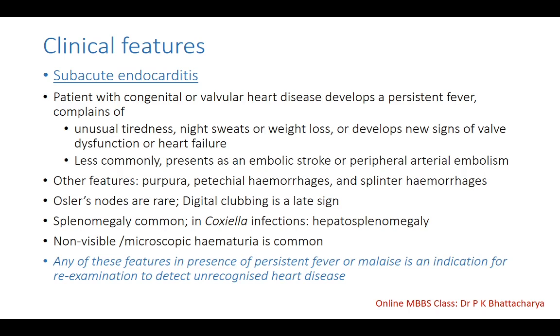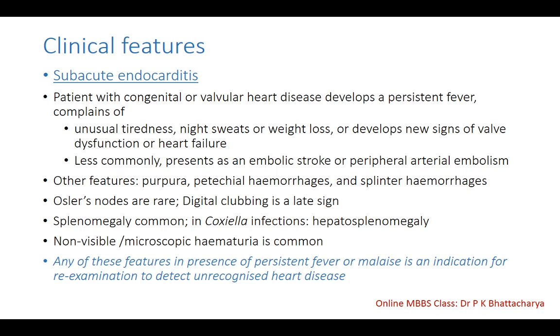Then digital clubbing, or clubbing of the fingers, is a late sign, but it is not an uncommon feature. It is quite common. Splenomegaly is a common feature in all subacute endocarditis. In Coxiella infections, there is also hepatomegaly. So hepatosplenomegaly in a patient with subacute bacterial endocarditis, you suspect Coxiella burnetii infection.